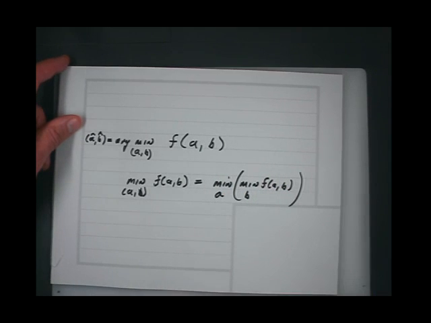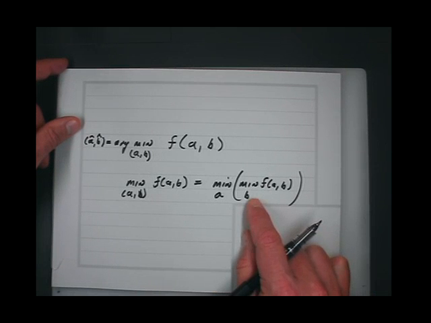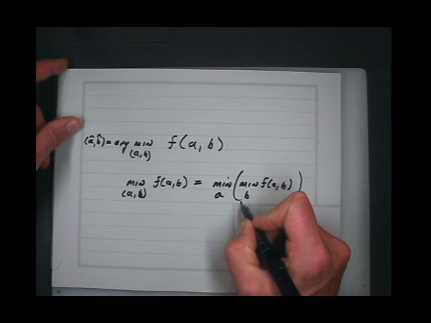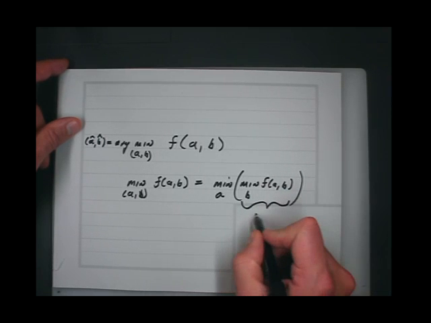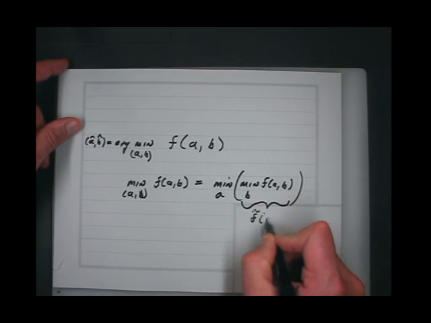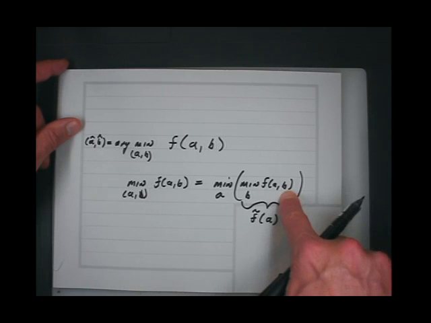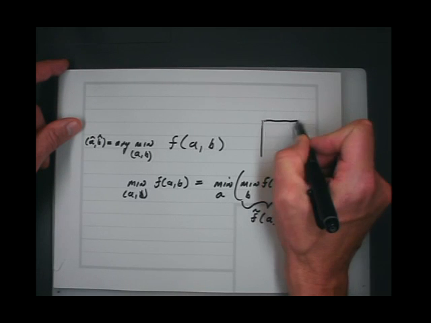So what does that mean? It means that if I take this function and minimize it with respect to B, this is a new function. I'll call it, say, f tilde of A. It's the function which for every A is the minimum of that function with respect to B. The way to think about that maybe is if you have rows and columns in a matrix.